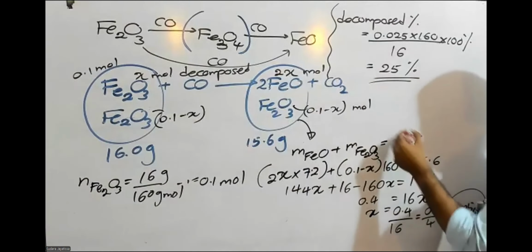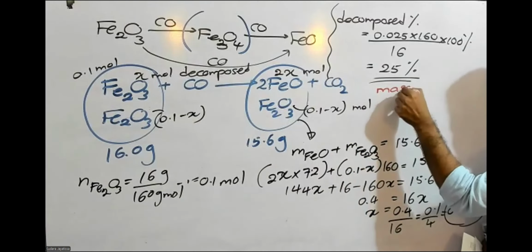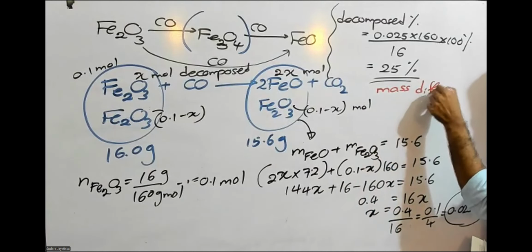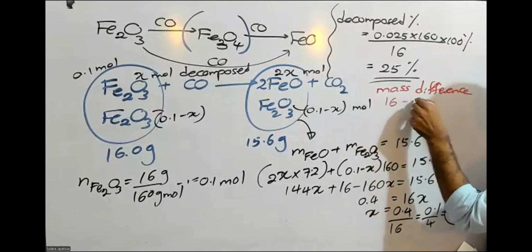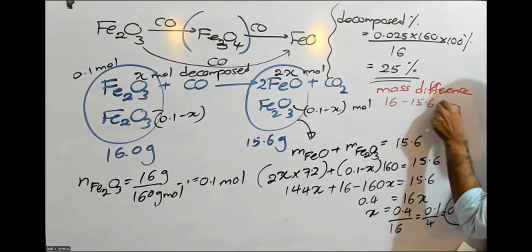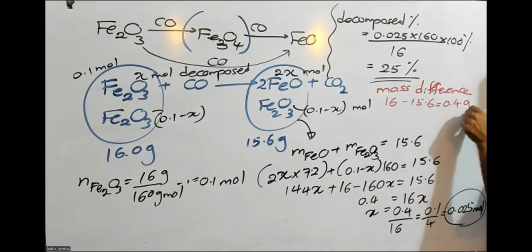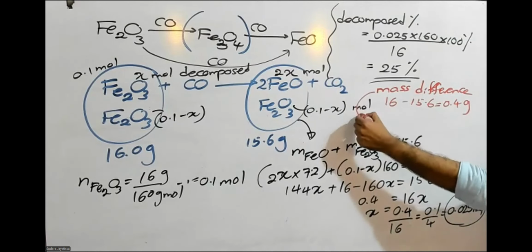So what is the mass difference here? Mass difference is 16 minus 15.6. You will have a 0.4 gram mass difference. That mass difference is due to oxygen.